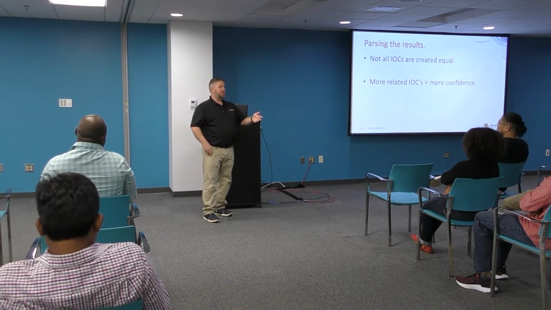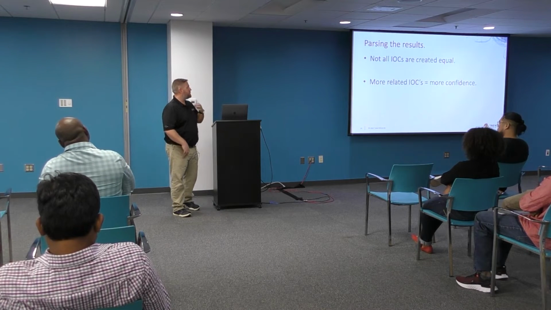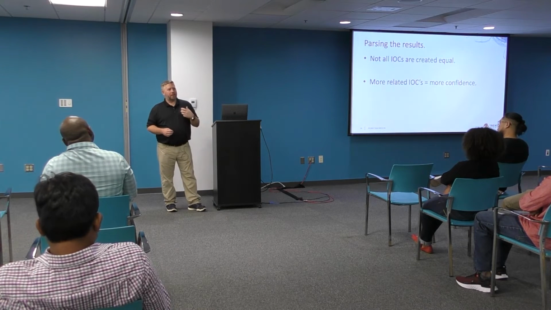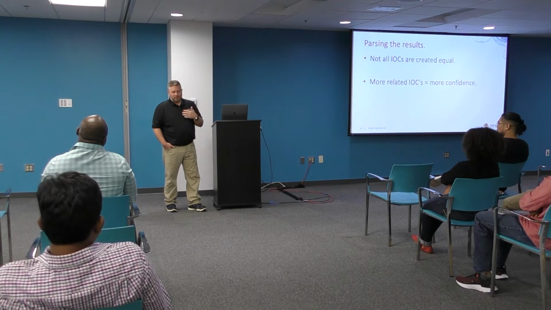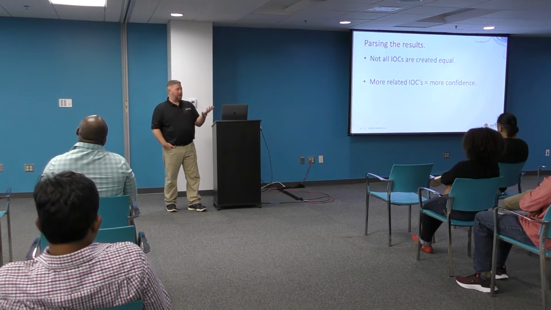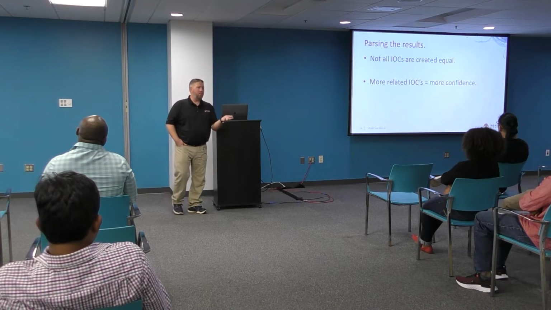Just because you don't get a hit on those doesn't necessarily mean that you don't have an issue. If you find a fairly common attack tool on an endpoint, but you're not finding any other evidence anywhere else in your environment, can you really say that you were attacked by a specific group?